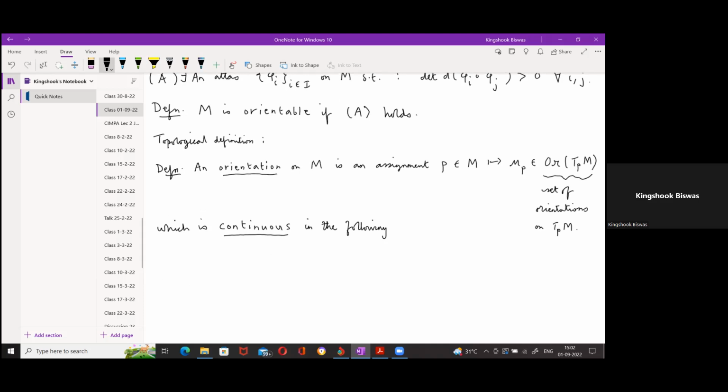Let me try and explain what this continuity means. Okay, let me just give the definition and then I'll explain it.